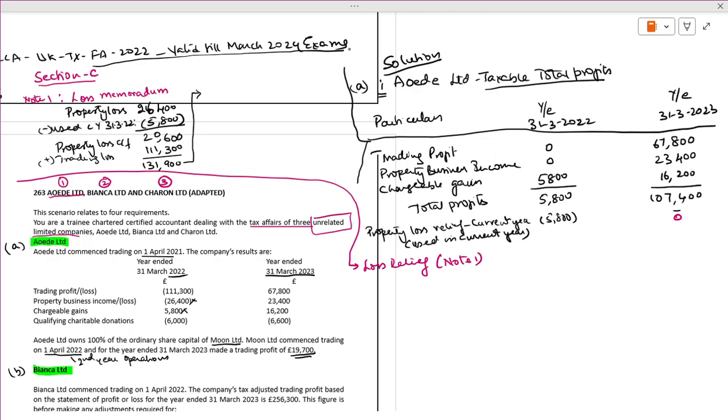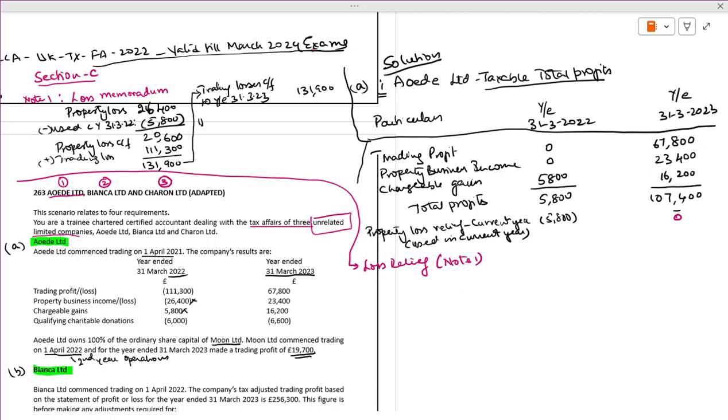This 131,900 should be trading losses carried forward to the year ended 31/3/2023. Okay, how much is there? 131,900. Now how much can we use in the second phase?